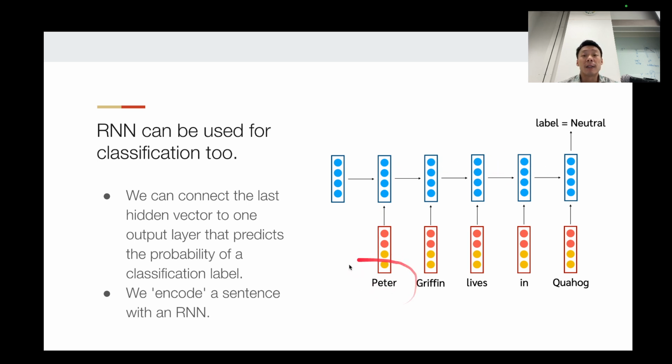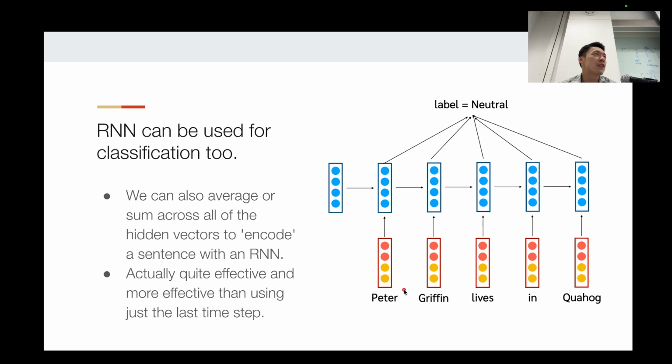So the embedding for Peter hardly ever got any gradient from the label. But if you set up the model this way, the gradient from the label can flow very close to each word in each time step.